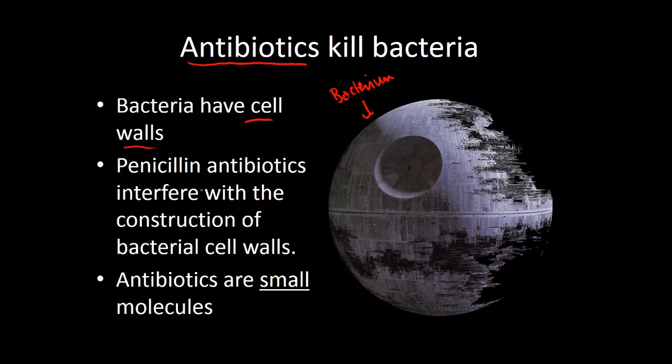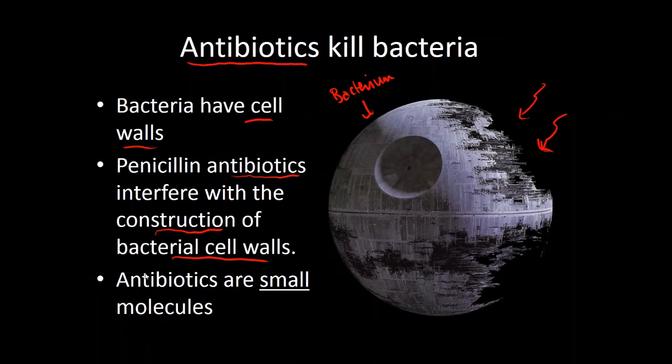So you can see here, penicillin antibiotics, one of the most common types of antibiotics, makes it harder for the bacteria to complete its outer defenses. So here we have some lack of defense. Easy to kill this cell when it's not complete.